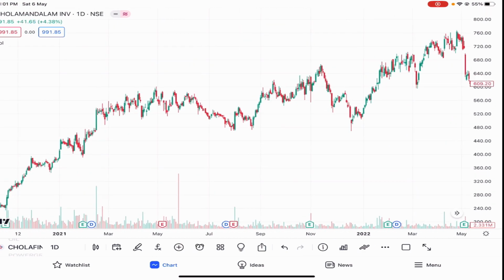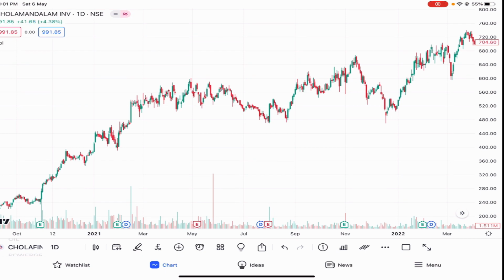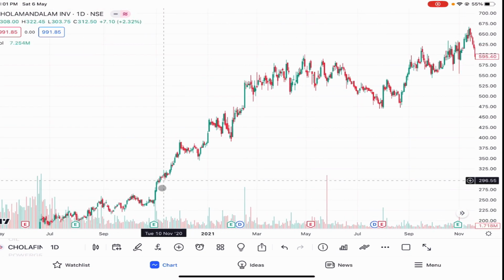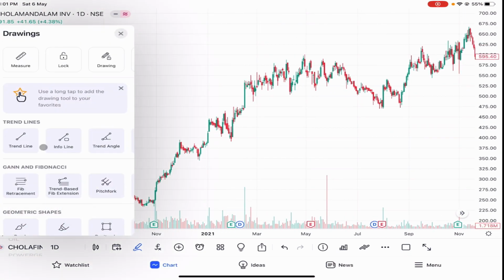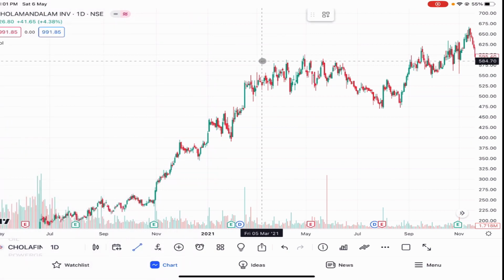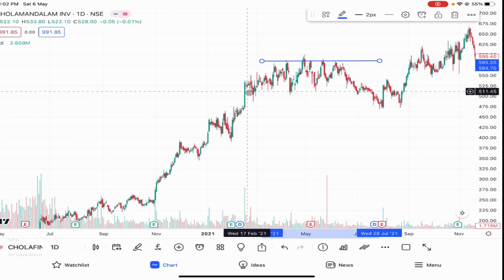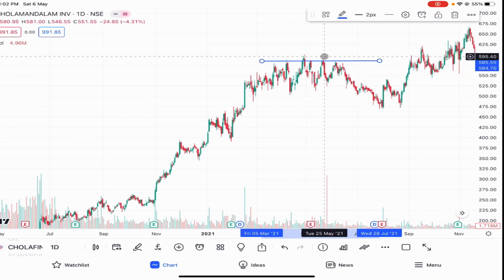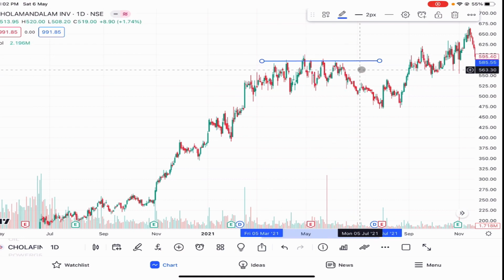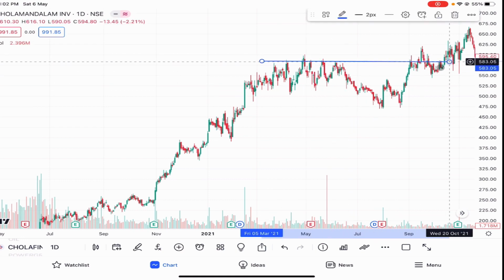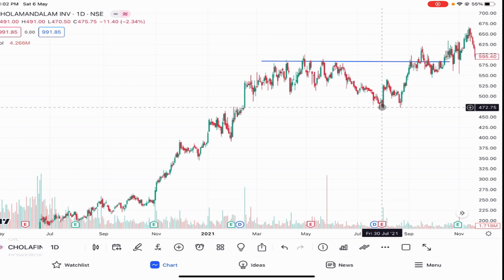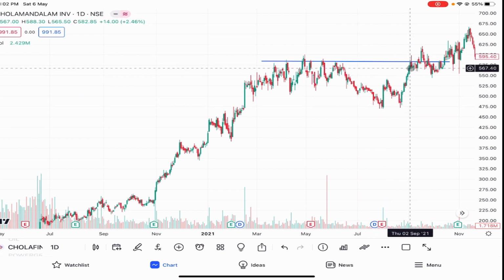Where is an example? Okay, now look at this. If you see this zone over here, the price is resisting this place over and over again, right? The price went up, came down, went up, came down, went up, came down. So the price was resisting this zone over and over again. The moment the price came down again, went up, and this time it broke this and went further up.